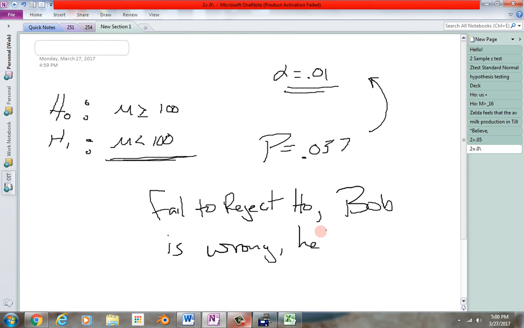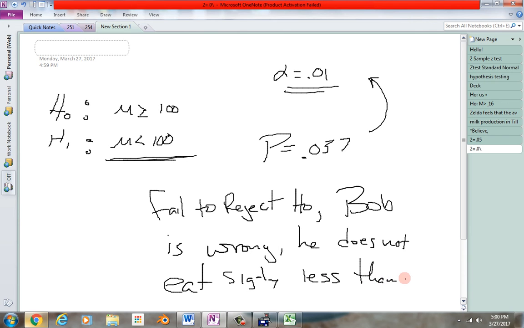He does not eat significantly less than 100 carbs. I think it's milligrams. Is it milligrams? I don't know. You'll figure it out. That's not important.